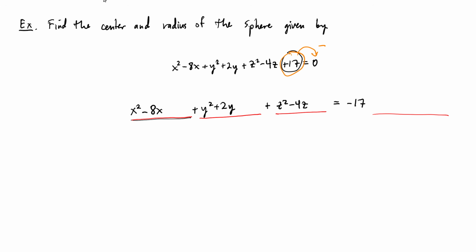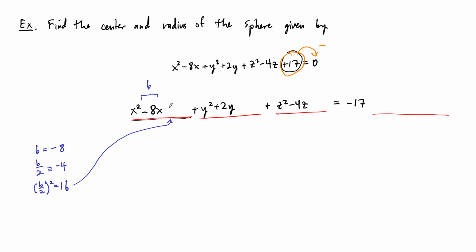So remember how to complete the square. You have to take this middle term, call it b, divide by 2. I'm going to make a list over here. b is equal to negative 8. b over 2 is equal to negative 4, and (b over 2) quantity squared is equal to 16. You should know how to complete the square, so if you need to review that, definitely take some time to review it. But for the sake of this argument, I'm just going to very quickly plug these in.